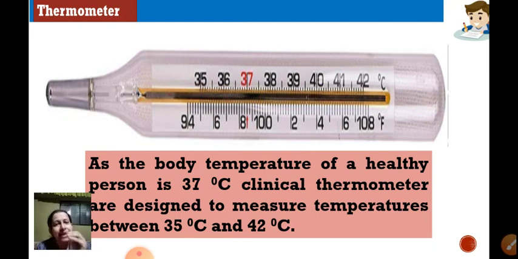Therefore it is designed in such a way that it shows the temperature between 35 degrees Celsius to 42 degrees Celsius. This much is the range of the clinical thermometer, because our body temperature is 37.